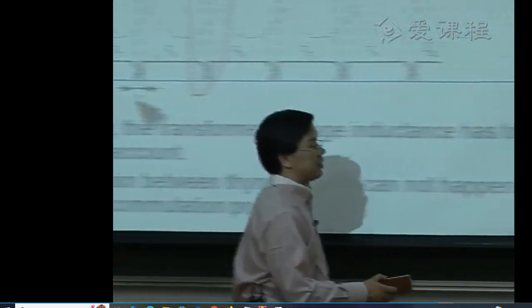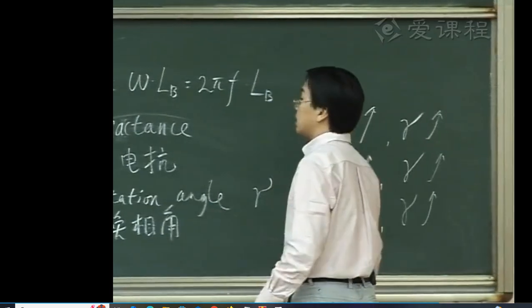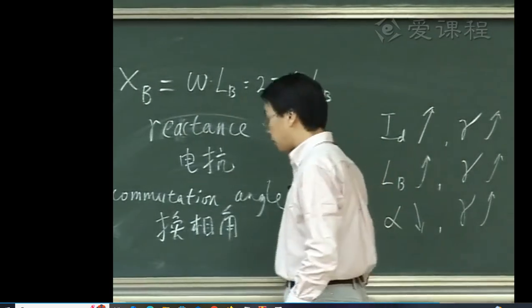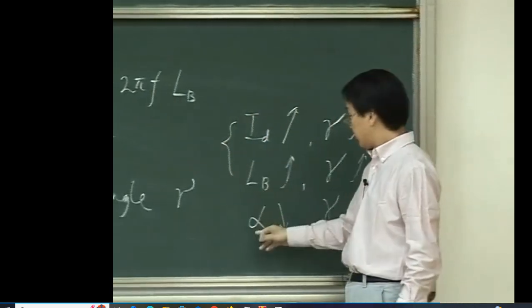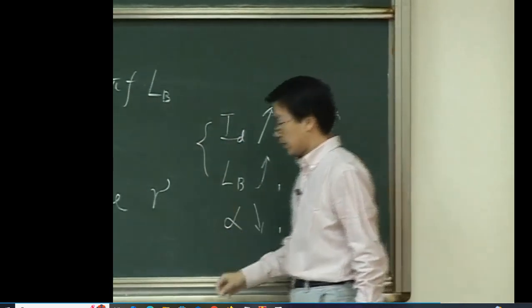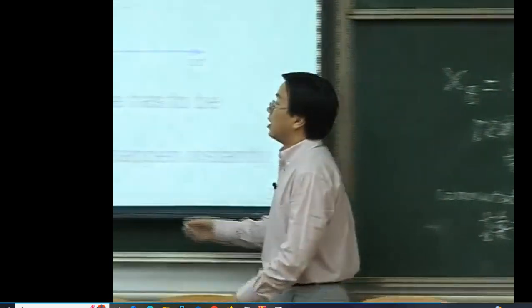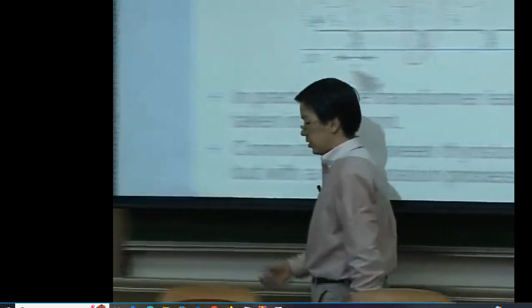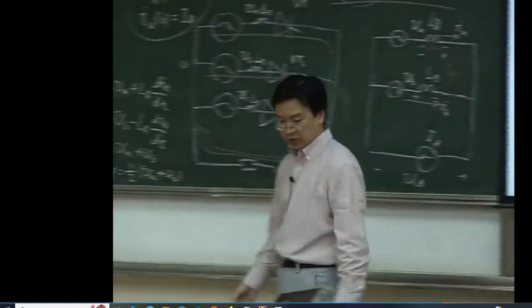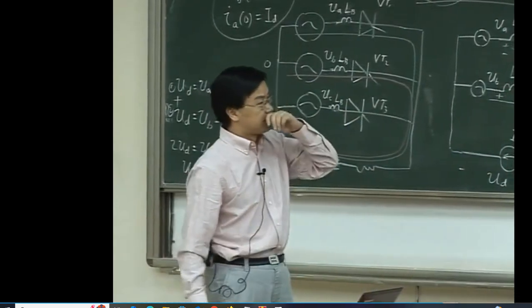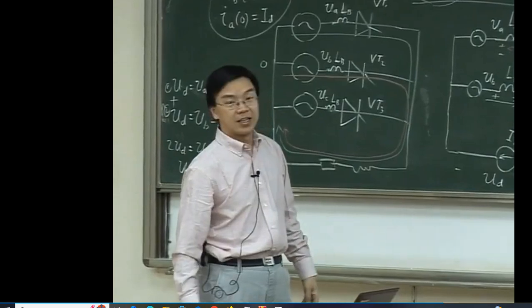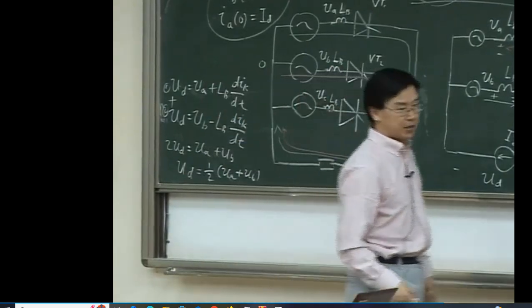When alpha is smaller, gamma is longer. That's right. Why is that? The first two are easy to understand, but what about the third one? When alpha is smaller, it takes longer for this commutation process to complete. Why is that? Can you figure it out?